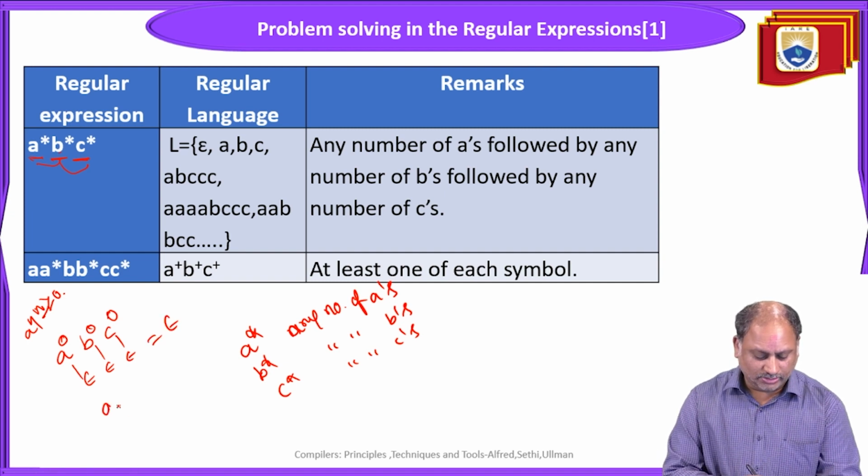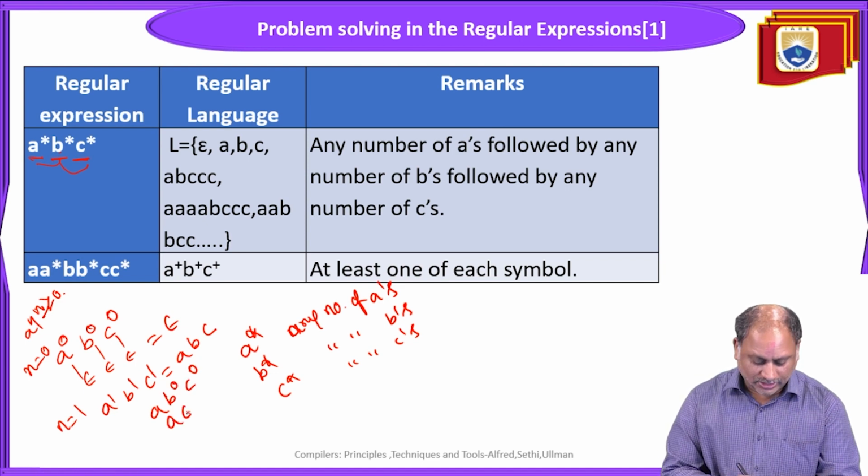Whereas if you consider n equal to 1, A power 1, B power 1, C power 1, so A, B, C. So any number of A's followed by any number of B's. So 2 A's, or we can also write A followed by B power 0, C power 0. That is A epsilon epsilon. So we'll get A power n, B, C power 0.